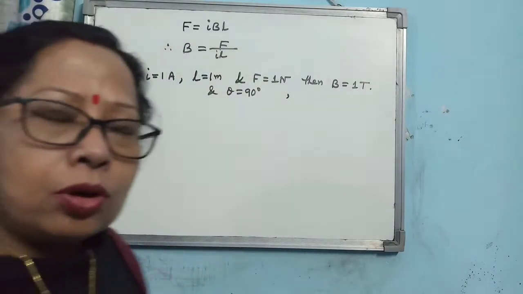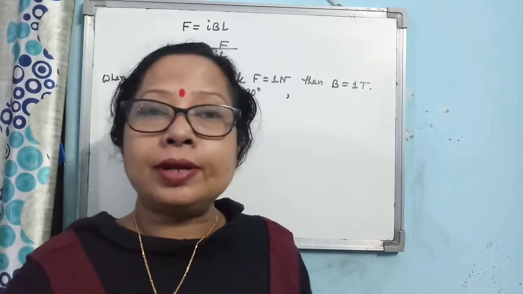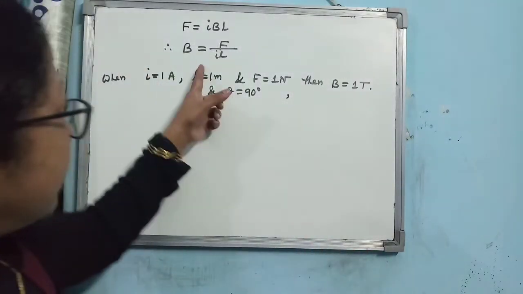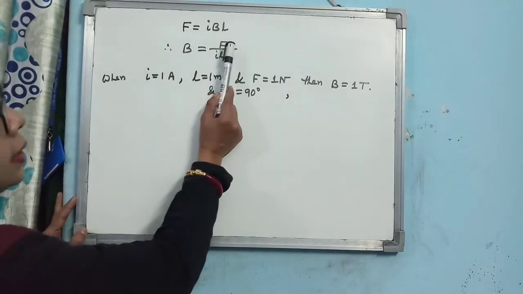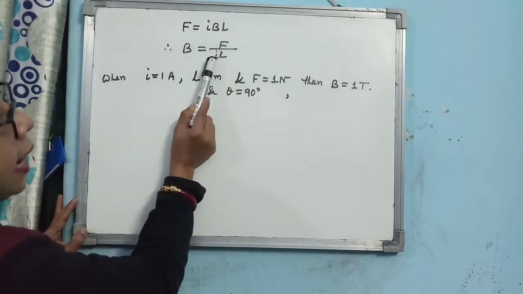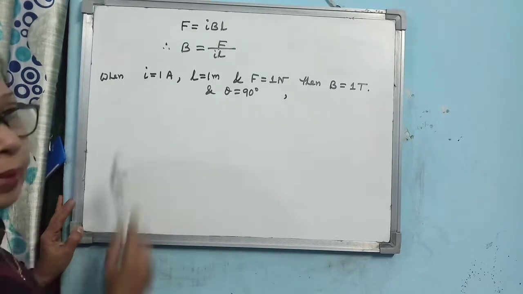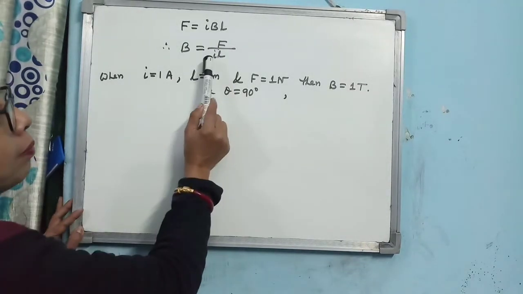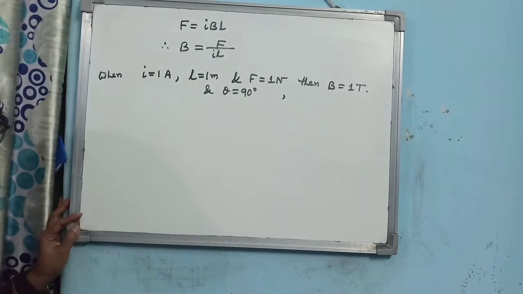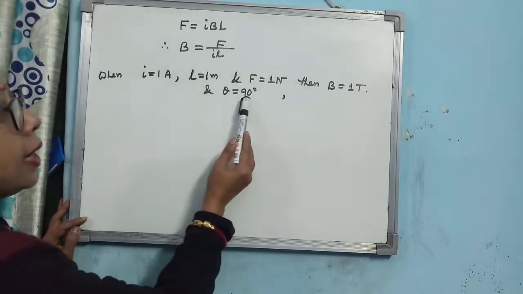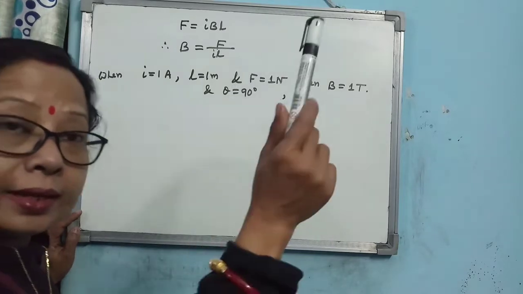As you know, I always prefer that you should not mug up any definition, so understand how the definition of 1 Tesla comes. If you consider F as 1 Newton, I as 1 amp, L as 1 meter, then the value is 1 by 1 into 1, that is 1, so B will be equal to 1 Tesla. And here you have to remember that theta is 90 degree, that's why sin 90 is 1.